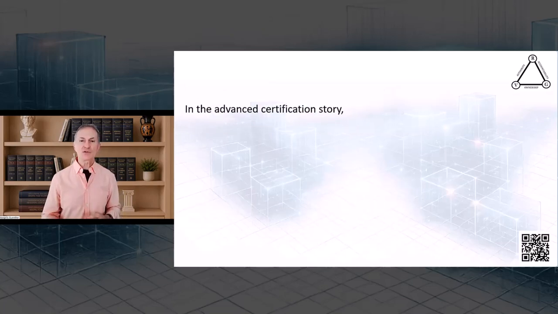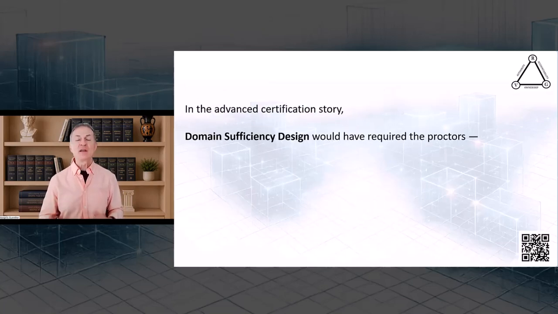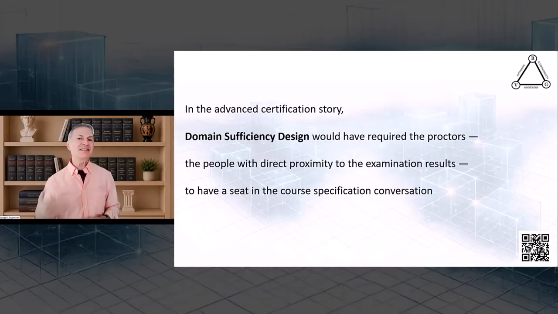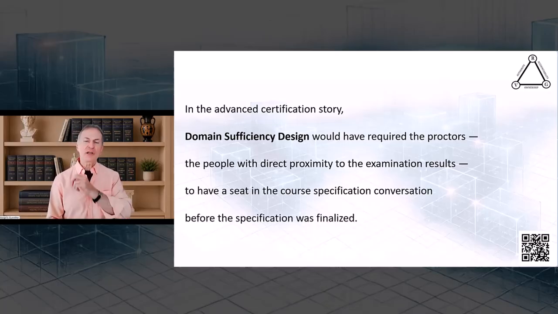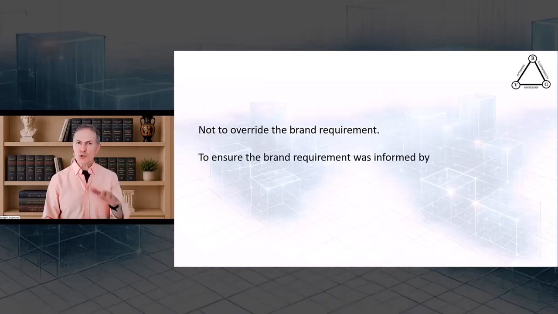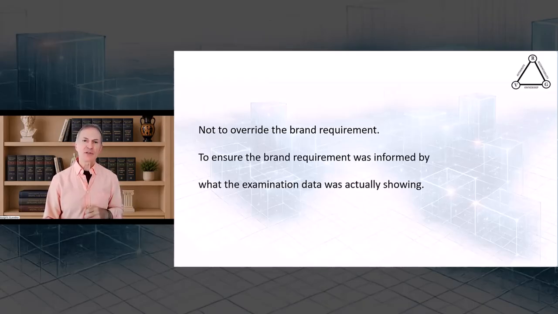In the advanced certification story, domain sufficiency design would have required the proctors, the people with direct proximity to the examination results, to have a seat in the course specification conversation before the specification was finalized. Not to override the brand requirement, to ensure the brand requirement was informed by what the examination data was actually showing.